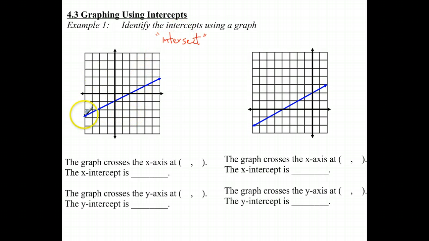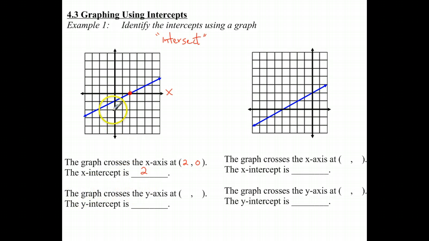If I take a look at my first graph, the graph crosses the x-axis, again this is my x-axis, right here, or at the point (2, 0). Therefore, the x-intercept, or where my line crosses the x-axis, is going to be at 2.